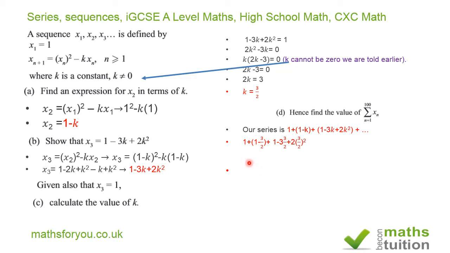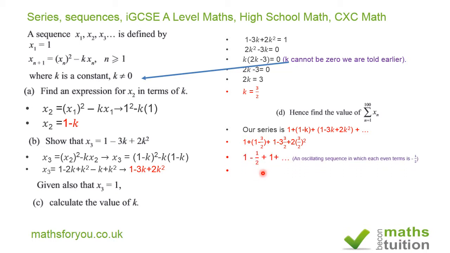Now, when we simplify, we end up with 1 plus 1 minus 3 over 2, because k is 3 over 2 from part c. So 1 plus 1 minus 3 over 2 plus 1 minus 3 times 3 over 2 plus 2 times 3 over 2 squared.